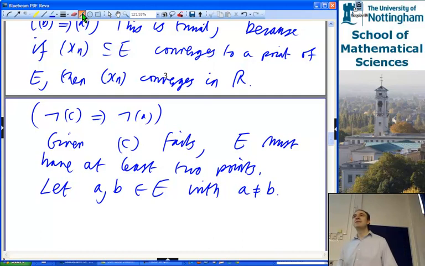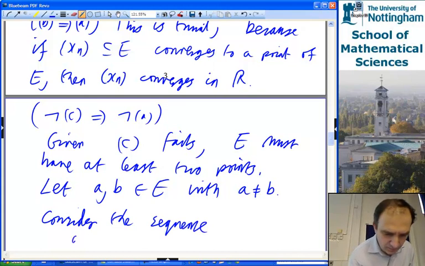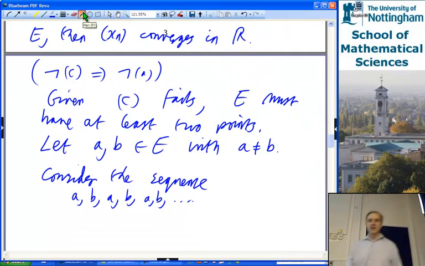E might only have 2 points, so we've got to make do with these 2. There's got to be enough. Yeah? Alternate between them. You can write down a formula for it if you like, but that's good enough for me. Clearly this is a sequence in E which doesn't converge.